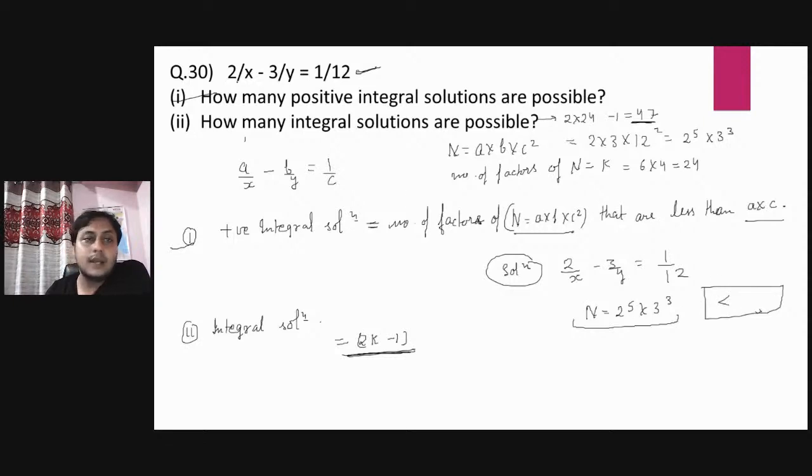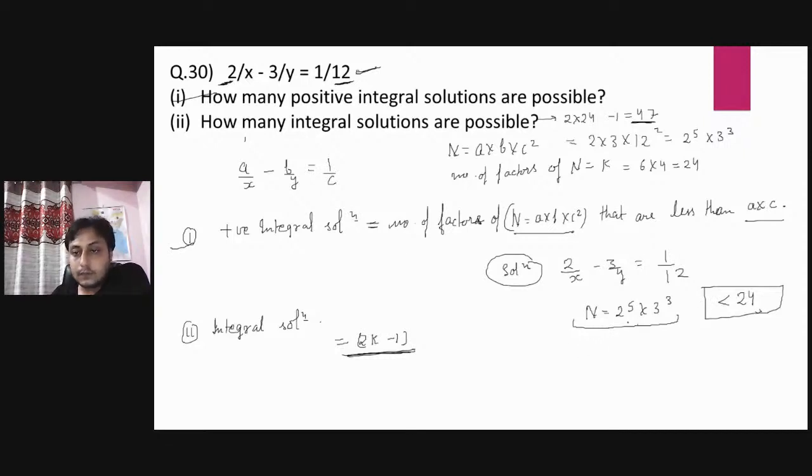A is 2, c is 12, 2 into 12 is 24. So basically, the answer of the first part is the number of factors of this number that are less than 24. Now you have to find the factors less than 24 manually, right?